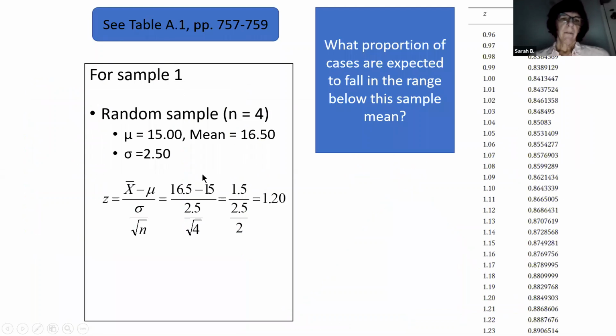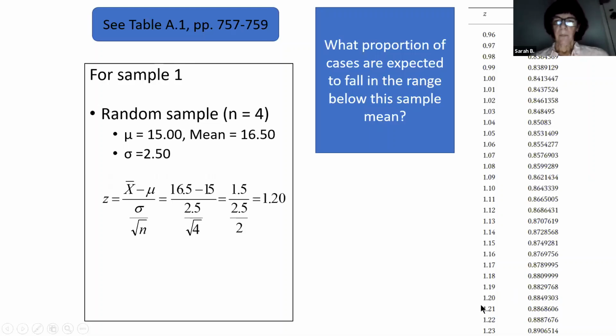So here we have this first random sample, Z equals 1.2. So we want to know what proportion of cases, sample means, actually are expected to fall in the range below this sample mean. So we look along this particular column. The columns are arranged kind of awkwardly in the table, and we look for 1.2 in the Z column. You can actually do this the opposite way, know a proportion and try to find the Z that corresponds. That is a little bit more unusual that you should do that, so we're not going to cover that here.